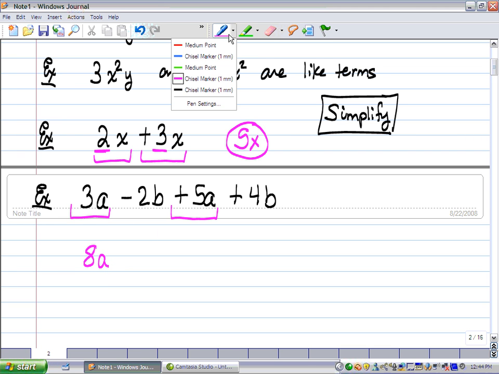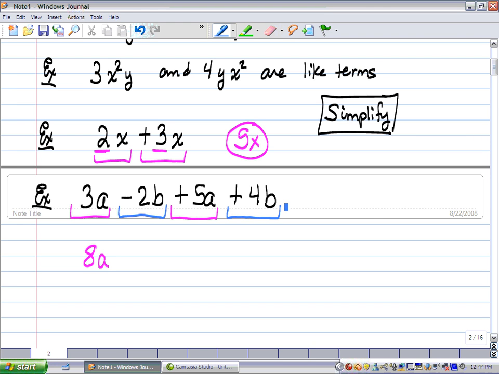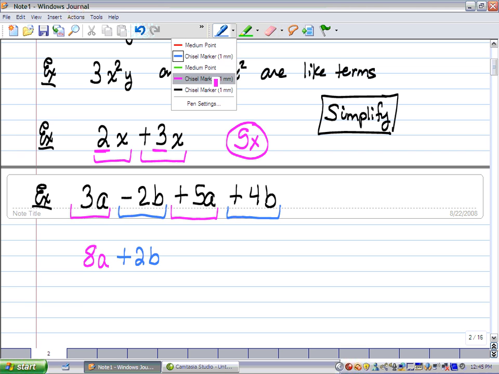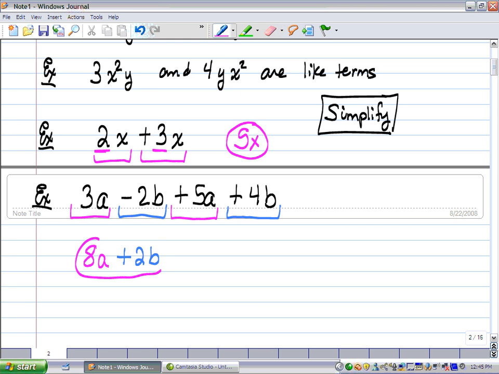And we also have this term, negative 2b, and this term plus 4b. They're both like terms because they both have b's. So we can put those together. Negative 2 plus 4 is a positive 2b. So our simplification in this case is 8a plus 2b.